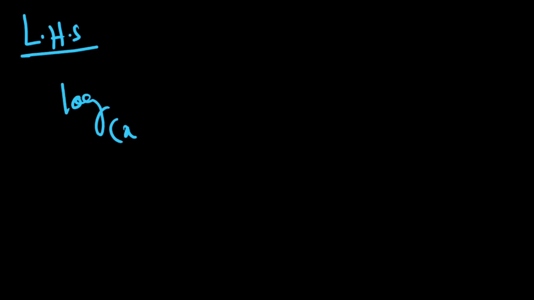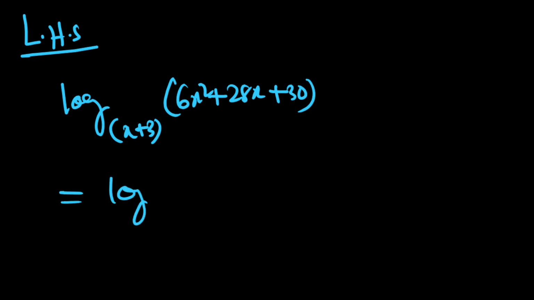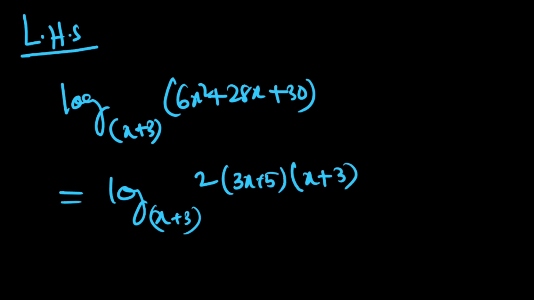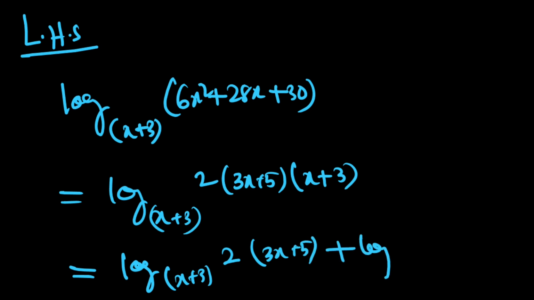The log has base x + 3 and argument 6x² + 28x + 30. Before, we wrote the argument as 2 times (3x + 5) times (x + 3). So that is log base (x + 3) of 2(3x + 5) plus log base (x + 3) of (x + 3).